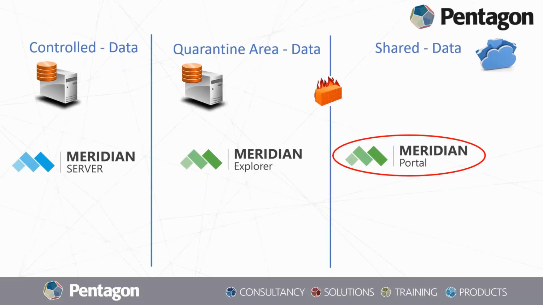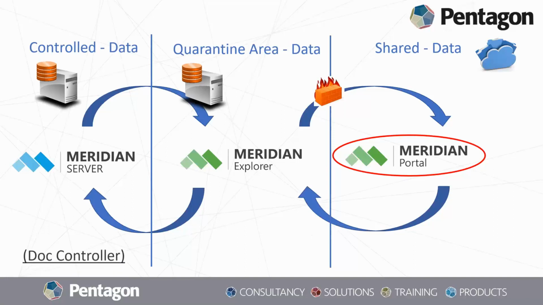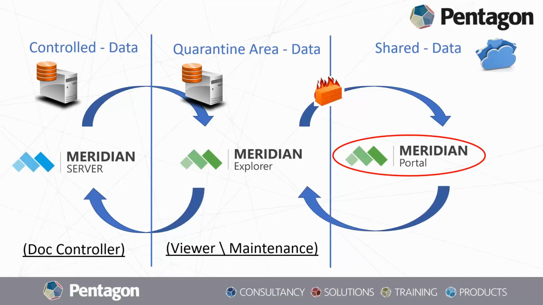So typically, as I said, your Meridian server would be where all your control data is, on the left-hand side of the screen there. It's where you create and you manage all your drawings. Typically where your document controller sits, the client's document controller in the engineering team. May not be a specific document controller, could be engineering lead, for instance.